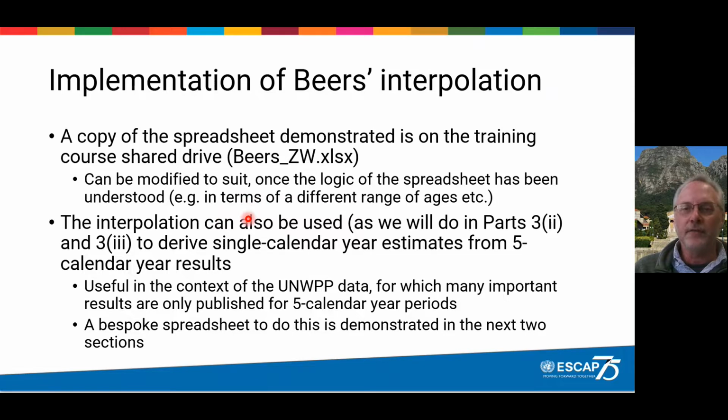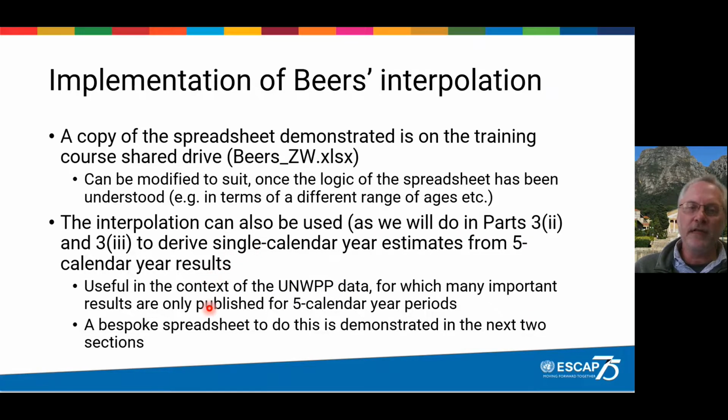For example, in terms of a different range of ages, if you wanted to smooth your own country's data. But the same approach can also be used, as we'll be doing in part 2 and part 3, to derive single calendar year estimates from 5-year calendar results.